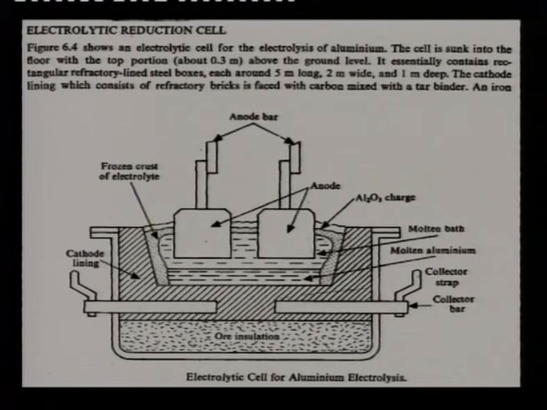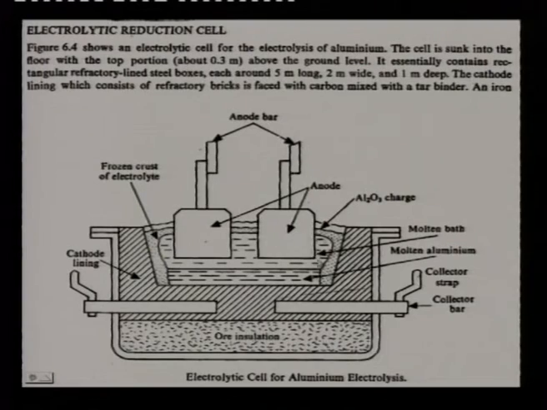I have given you a sketch of the aluminum electrolysis cell, aluminum anodes, and this is the cathode. This cathode eventually gets poisoned, and when this cathode is thrown out, nobody knows what to do with that waste cathode, because it is full of fluorides, and as of now it is only dumped.